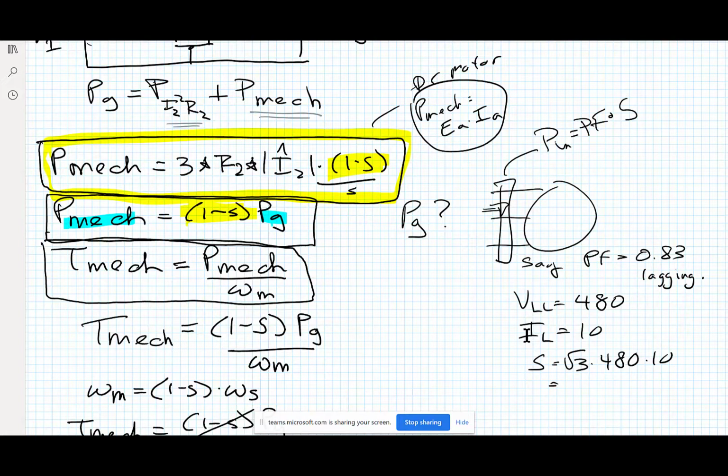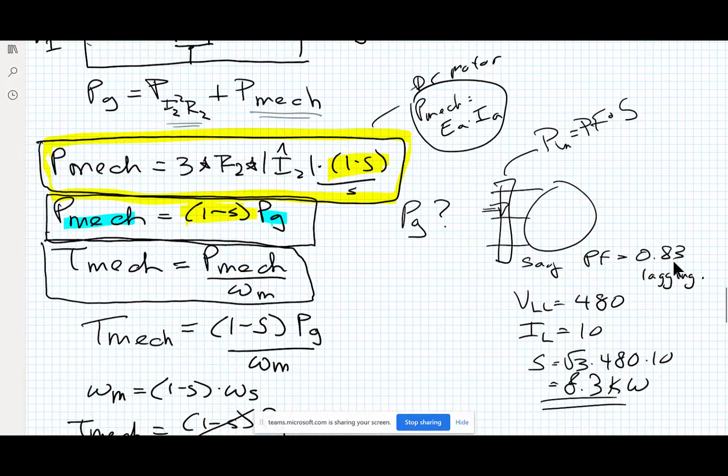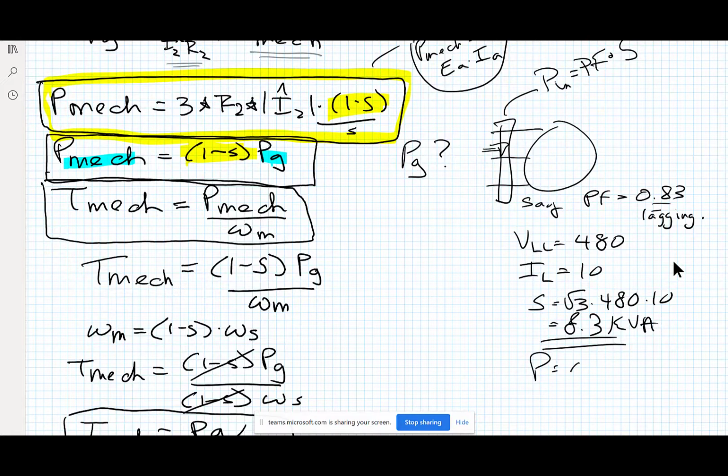So that is 8.3 kVA. And then I'm going to multiply that times 0.83. 0.83 times 8.3.